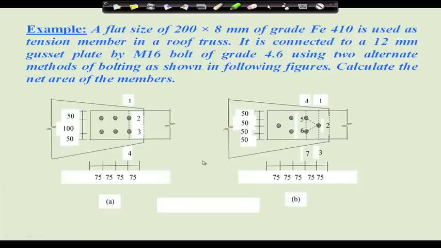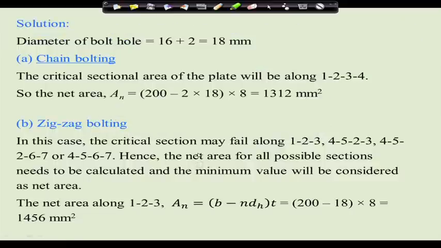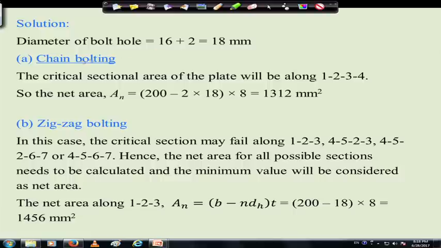After this we have this slide. If we go to the solution, we will see for chain bolting the net area will be 200, the width, minus the hole area, into thickness. So, 1312, right. So, for chain bolting the critical sectional area of the plate will become 1312.